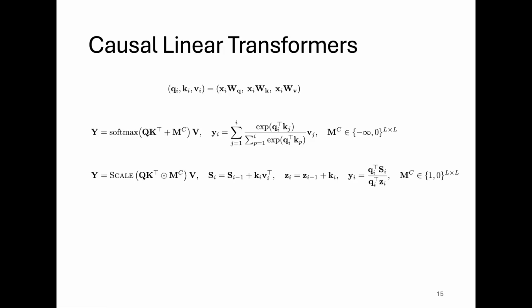As opposed to this, linear transformers were introduced by removing the softmax and simply applying a normalization or scaling to the attention. Then you can have this parallel form of training, which uses matrix multiplications, but on the other hand, you have an equivalent RNN to this parallel form, which you can use for inference.